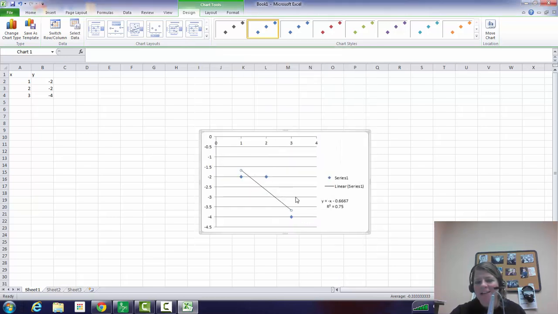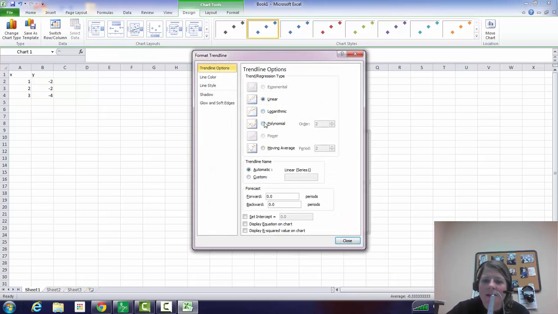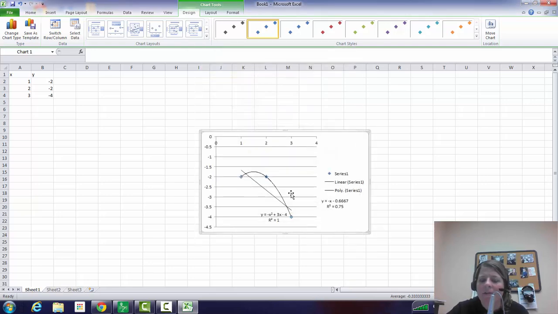It tries to fit a line to that data, and it's not very good. So here's the line. That's the equation. And look, it says 0.75 on the r squared. That doesn't fit your data very well. What fits your data better is the polynomial to the second order, or the quadratic. And there you go. There's our quadratic. Fits way better. And the r squared value is a 1.